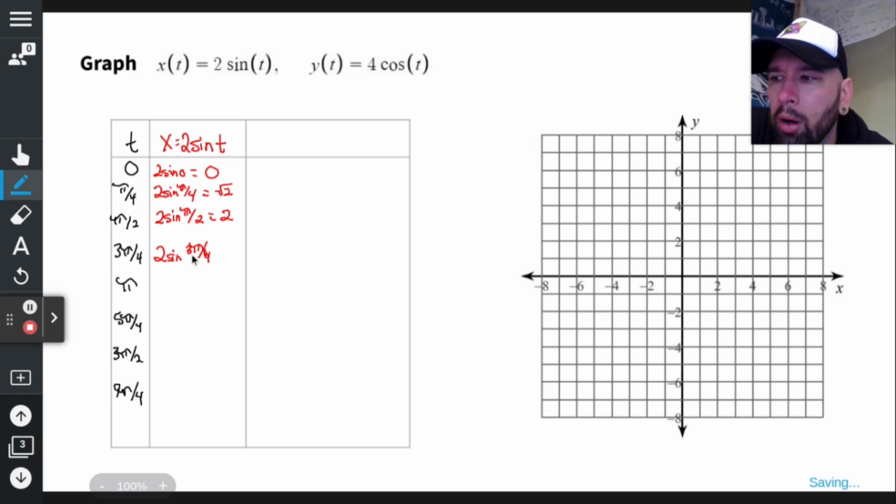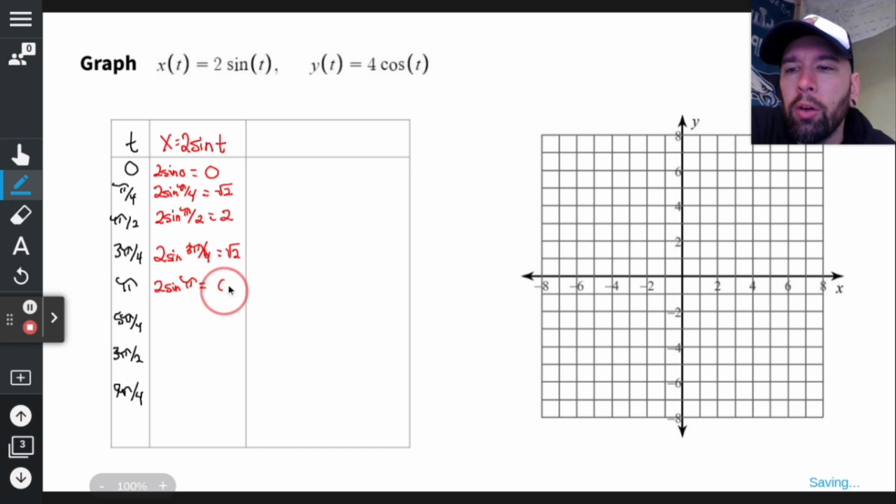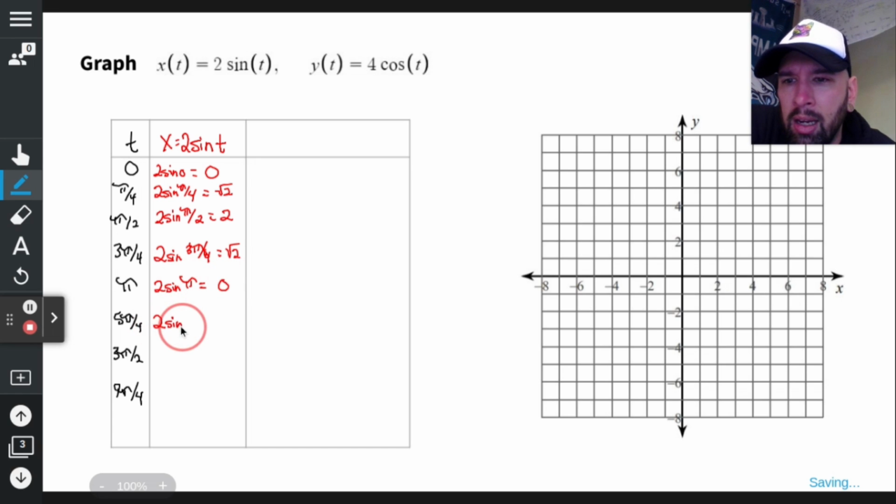Sine is positive in the second quadrant, so root 2 over 2 again. 2 times root 2 over 2 is just root 2 again. 2 times sine of pi is 0, so 2 times 0 is 0. 2 times sine of 5 pi over 4 is 2 times negative root 2 over 2, so this is negative root 2. 2 times sine of 3 pi over 2, which is negative 1, is negative 2.